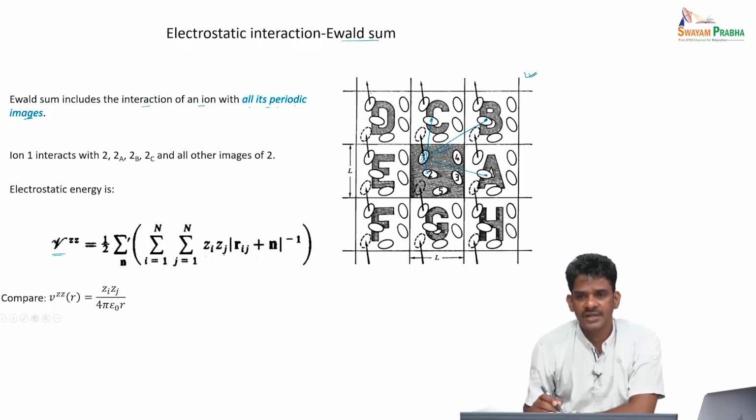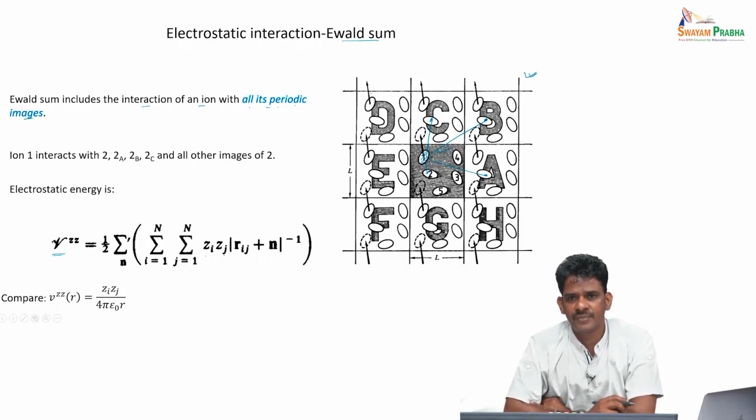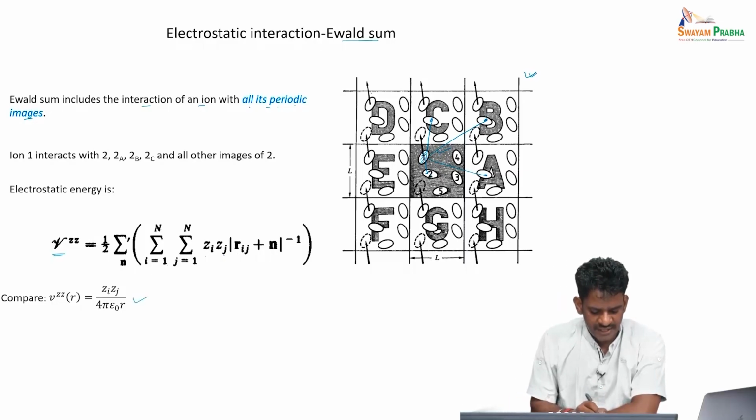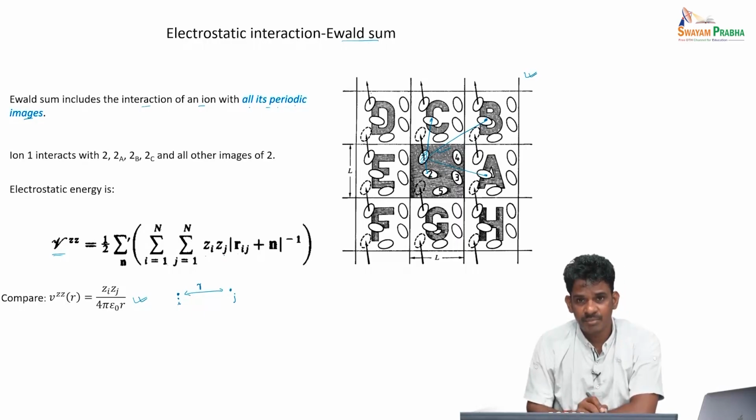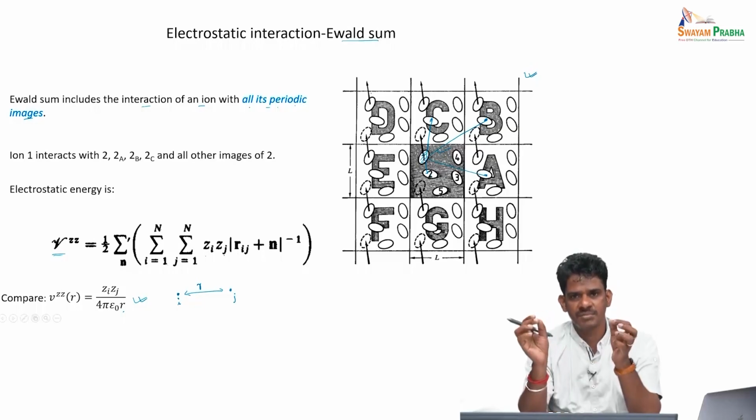Now this expression may look a little different from what we understand as Coulombic interactions, because Coulombic interactions we typically write in this form. If I have an ion i and then another ion j, and the interparticle distance here is r, then the Coulombic interaction between this particular pair is given by Zi Zj divided by 4 pi epsilon 0 and r, where r is this interparticle distance. This is for a chosen pair.